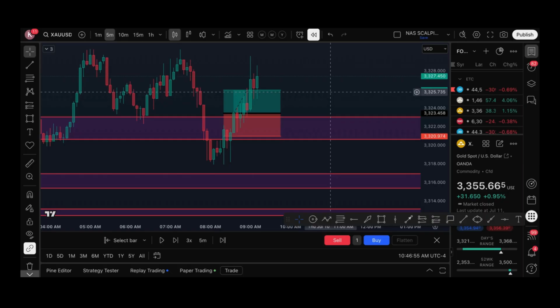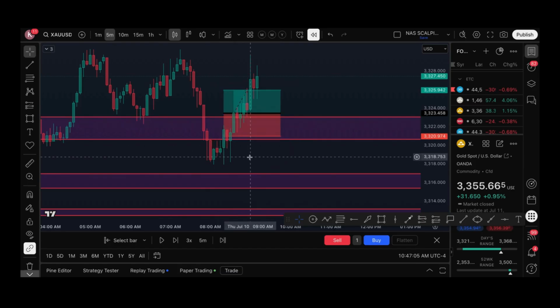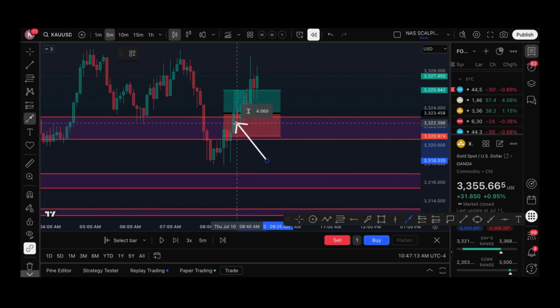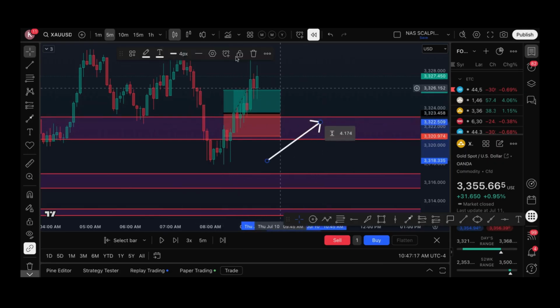And then we go down to our entry time frame, which was the 5 minute, and that is where we execute. Okay. We just need confirmation. Okay. And we got the confirmation through, what did we get the confirmation through? A bullish engulfing candle closing above our area of interest.